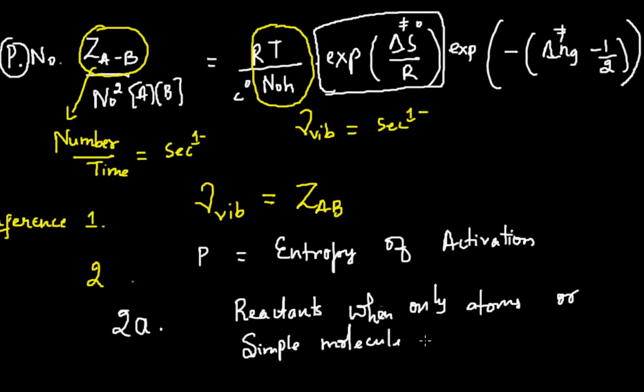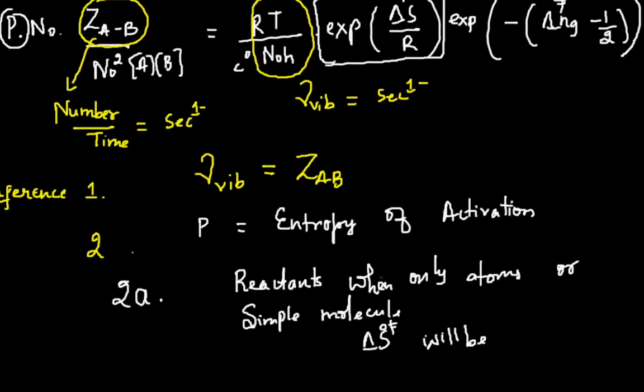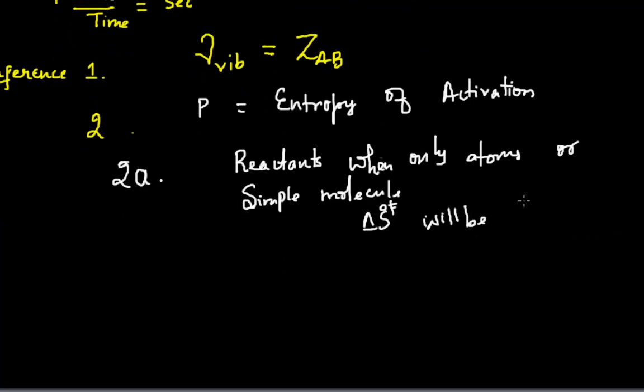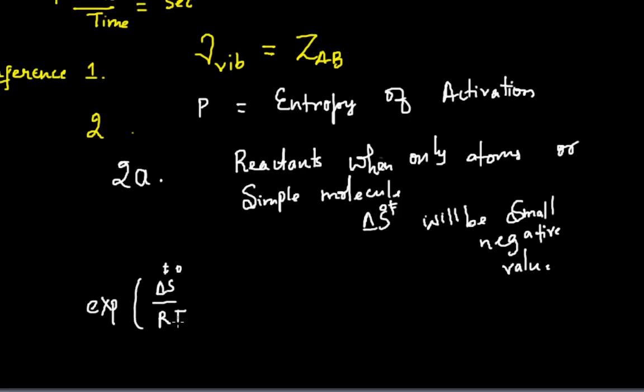So consequently, because there is a small rearrangement that happens, your change in entropy will be a small negative value, or you can also tell that exponential delta S by R or P is closer to unity.